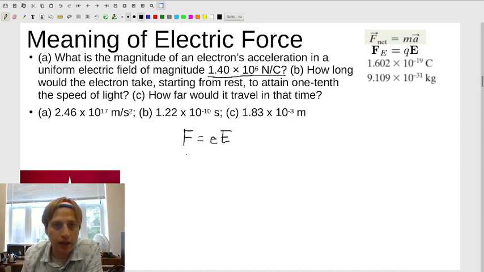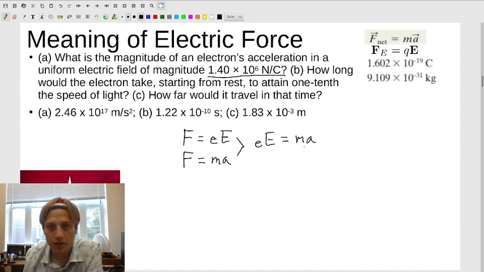On the other hand, if that electric force is the only force acting on a particle, I can write F equals ma and use Newton's second law. Then I'm going to set these two equal to each other and get Q times E, the charge times the electric field, equals m times a. If I want to solve for a, it's just going to be the force divided by the mass.